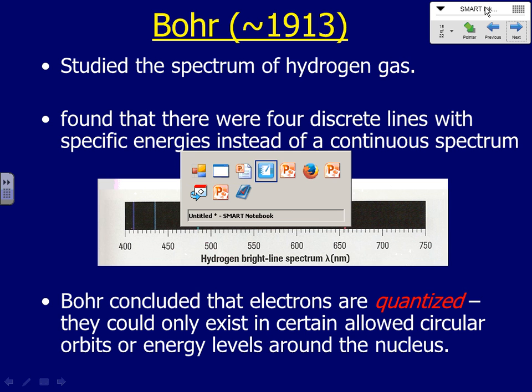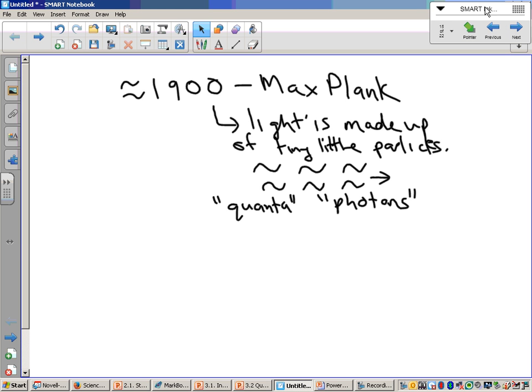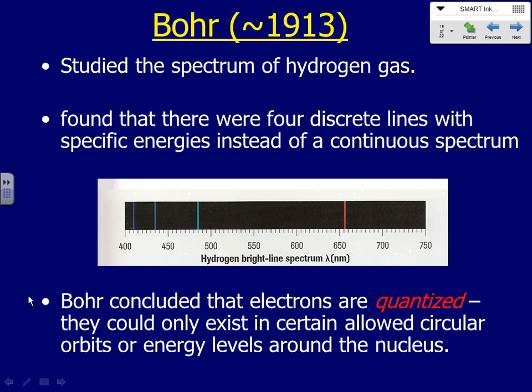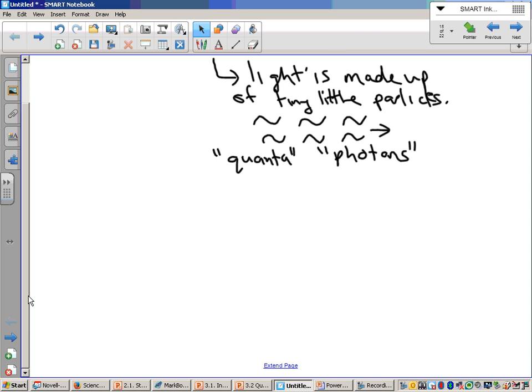Now, I just want to clarify that he didn't sit down one day and just say, I think there's orbits. What he did was work backwards, looking at the color of the light given off in the hydrogen atom, looking at this new idea of photons, doing some mathematics, figuring out how much energy was given off, and in the end, what he had to conclude, so here we've got Bohr, what Bohr actually quantized was what we would call angular momentum, all right?